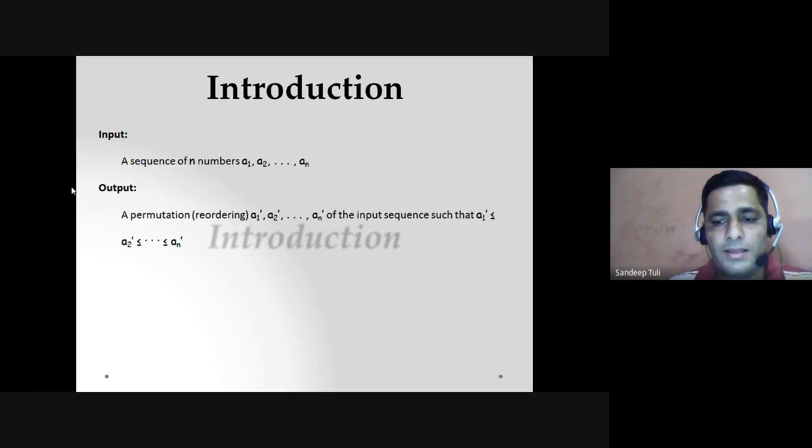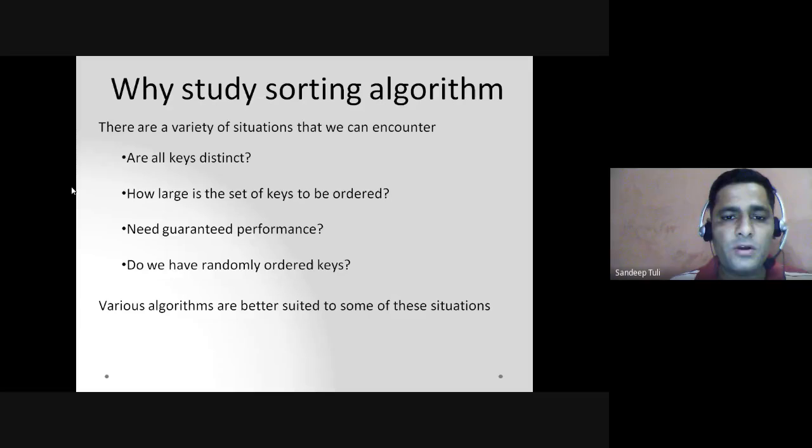Like a1 is lesser than a2, a2 is lesser than a3, and a3 is lesser than a4, and so on. Or it may be vice versa also, every number must be greater than or equal to the preceding number. So in this way the output will be either in ascending order or descending order. So this is what sorting is.